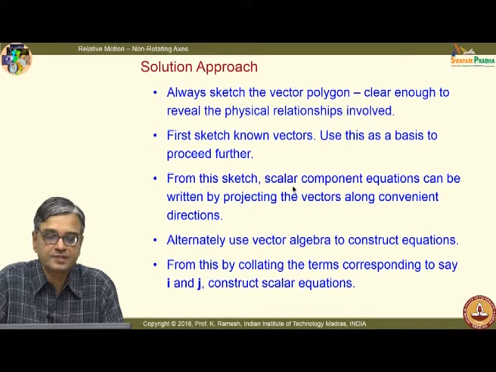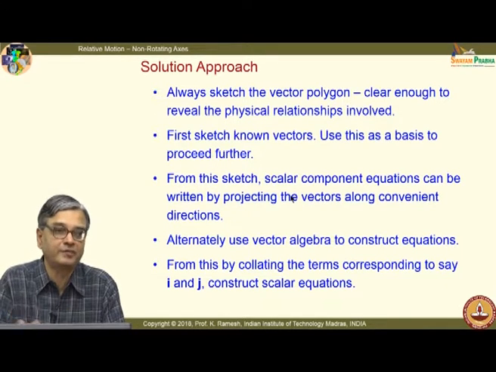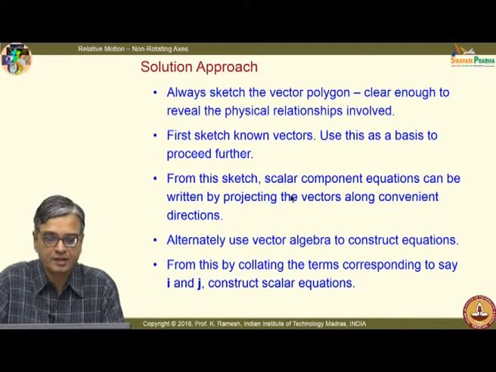From this sketch, scalar component equations can be written by projecting the vectors along convenient directions. So, this is how you do it in a graphical approach. It is not that you are going to take a graph sheet and then solve it. You can sketch it, that is good enough for you to do it.